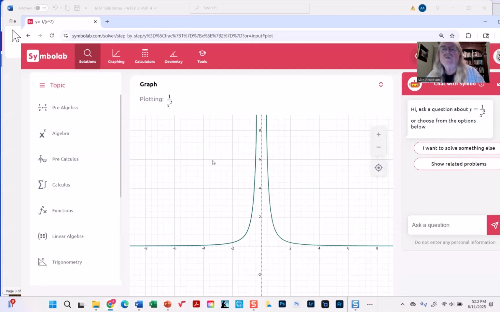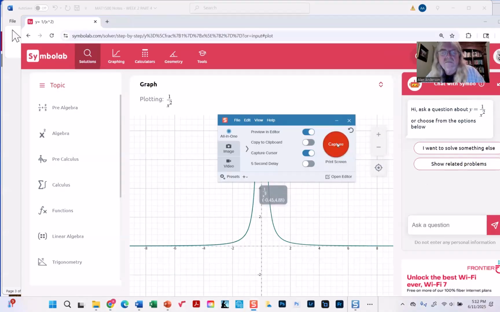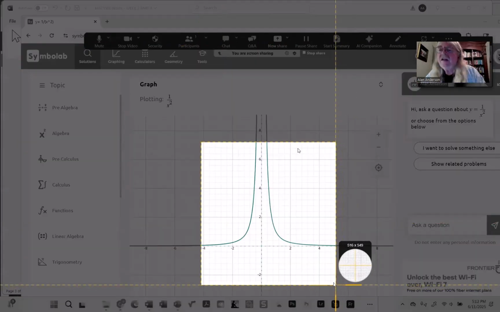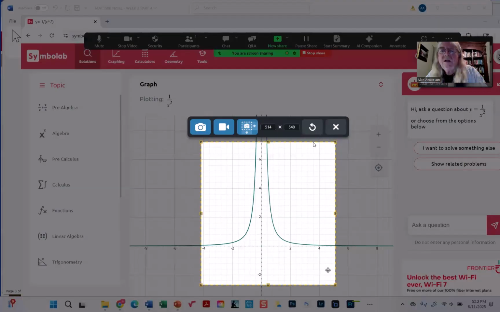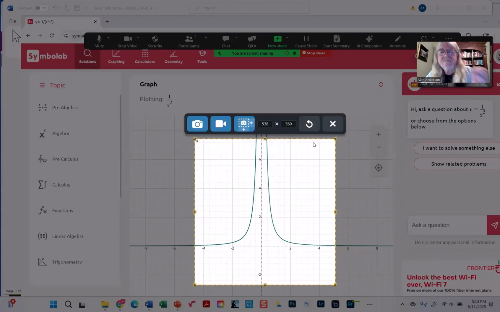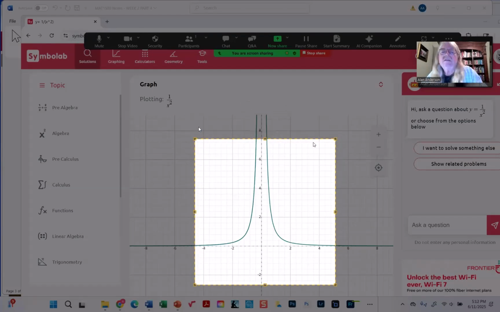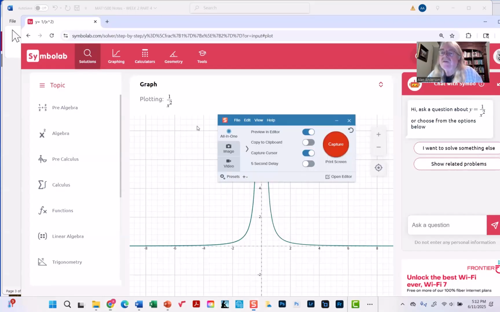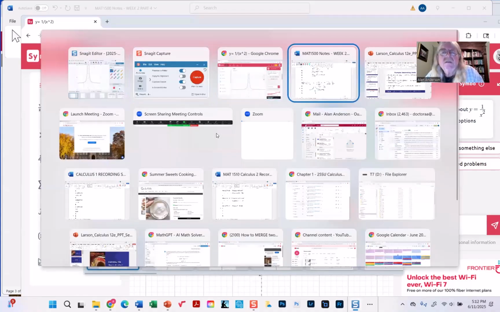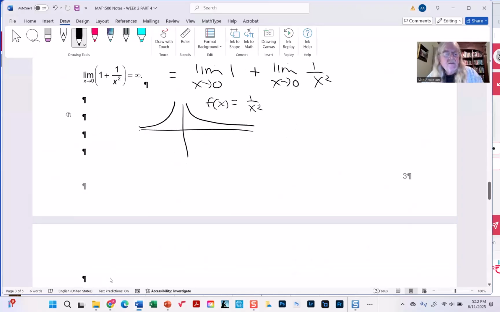Yes, that's much better. That's a real graph. But anyway, because it's 1 over x squared, you're still going to have an asymptote at 0 because you obviously can't divide by 0. But the difference is that there are no negative values. The range consists only of positive values. So the entire function is in the first and second quadrants, which is in here.